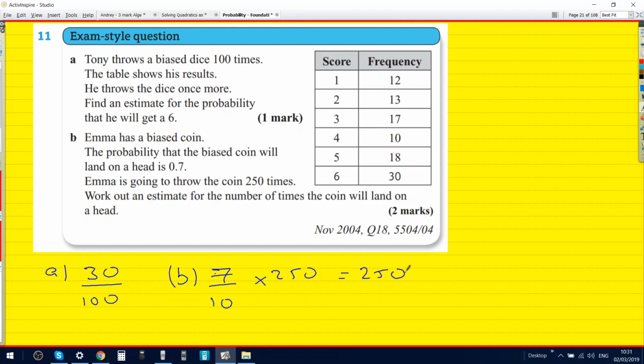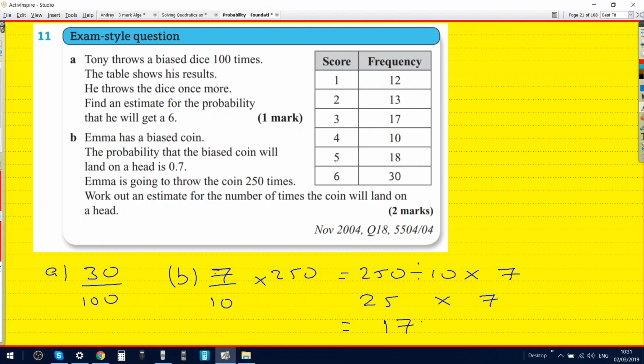Mm-hmm. And then 25 times, sorry, times by 7. Would that be? Hold on, let me just. No, I'm not sure. I'm just gonna have to use the calculator. All right. 25, 50, 75. 175.